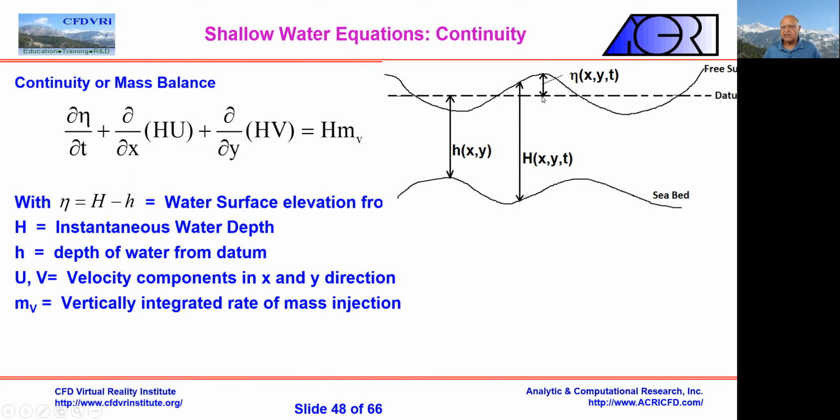And then above the datum we have eta, okay, which is basically the departure from this one. So this H is made of h plus eta. Okay, so eta is equal to the total depth of water minus the bathymetric depth, right? So this is then the equation that comes in.